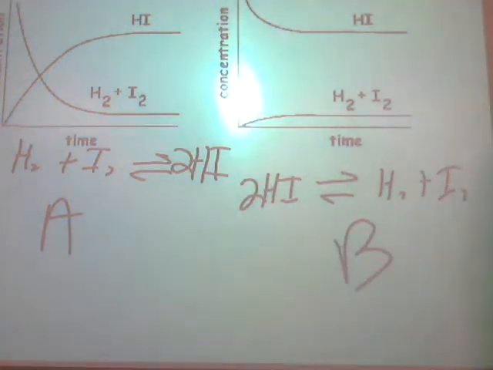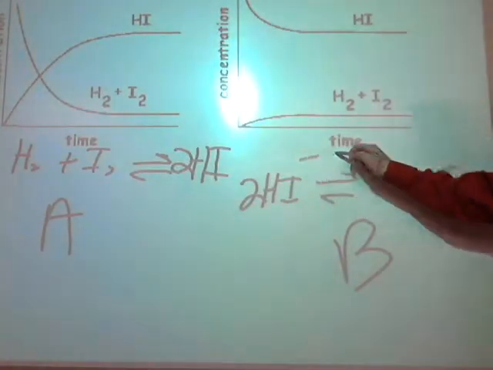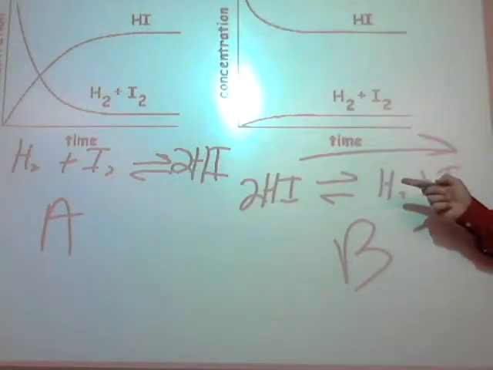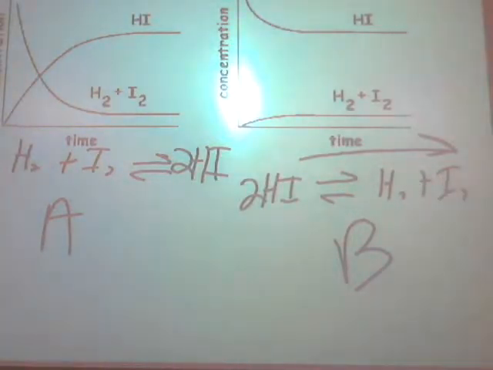Raise your hand for A. Raise your hand for B. Is anybody going to raise their hand? So you think the forward direction here is faster than the reverse direction there. That's what you think. Really? That's an amazing thing. I never would have thought you'd think that.